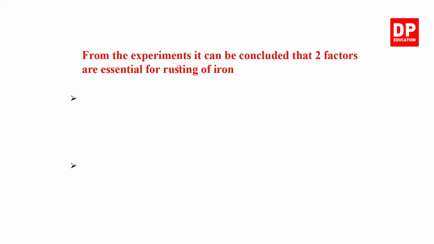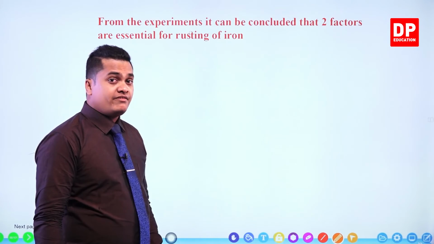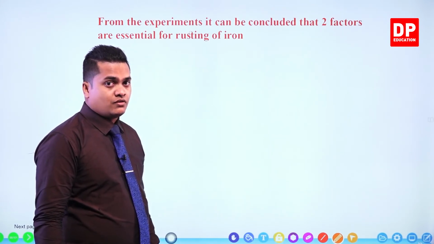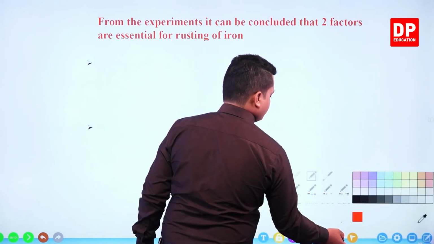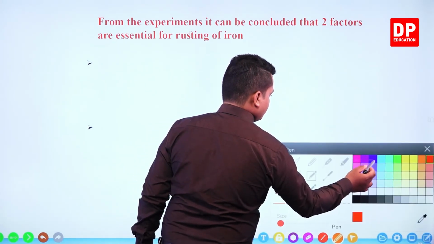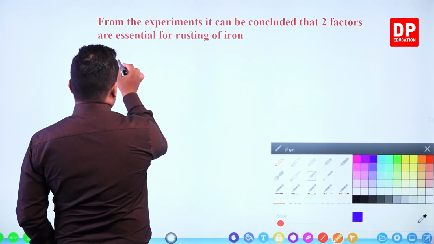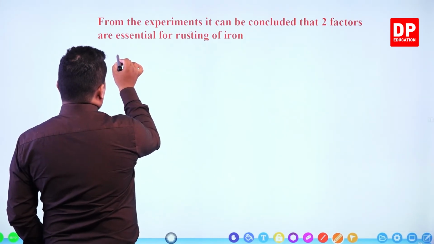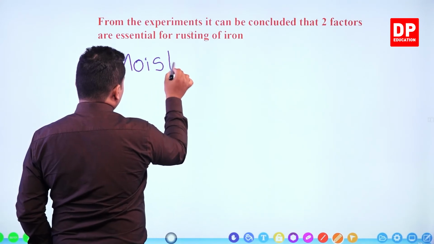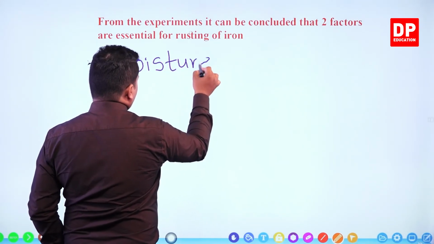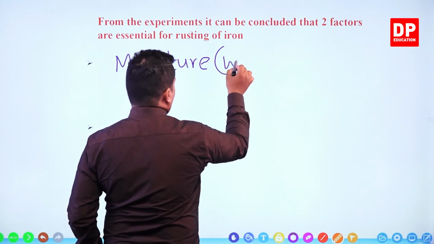So from the experiments, it can be concluded that 2 factors are essential for the rusting of iron, right? 2 main factors are essential for the rusting of iron. So what are those 2 factors, my dear children? Number one, the first factor, moisture. Moisture or else water vapor.